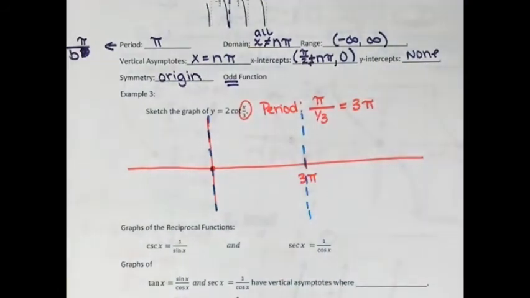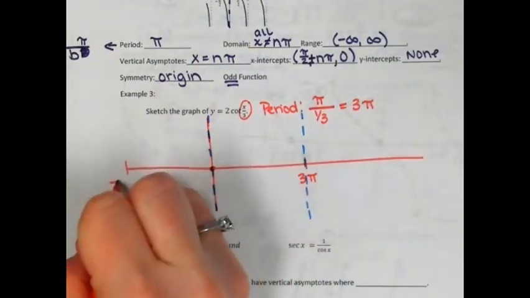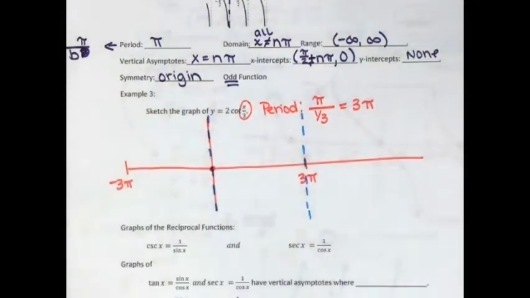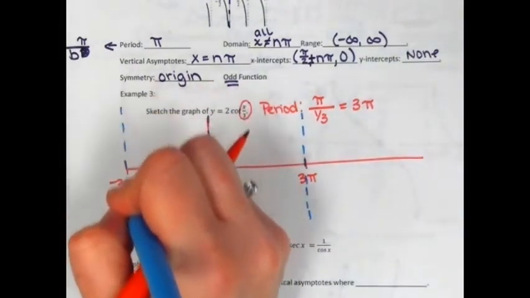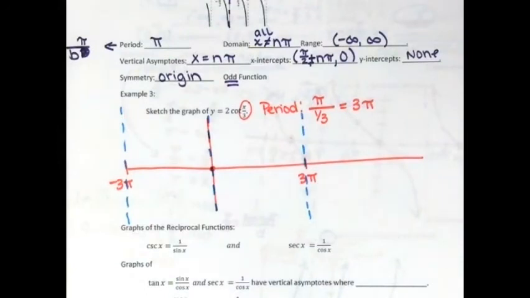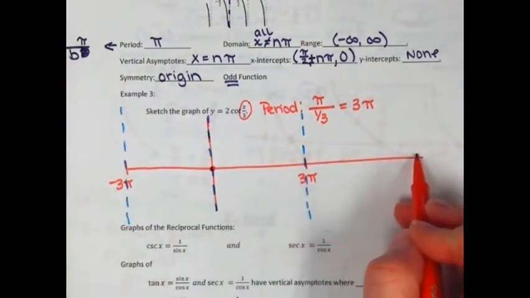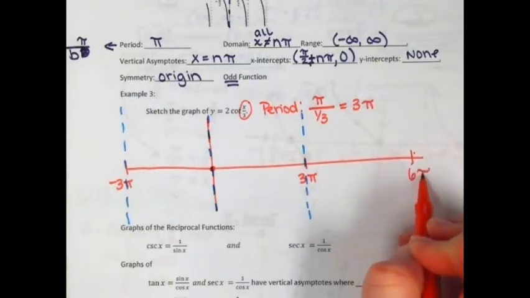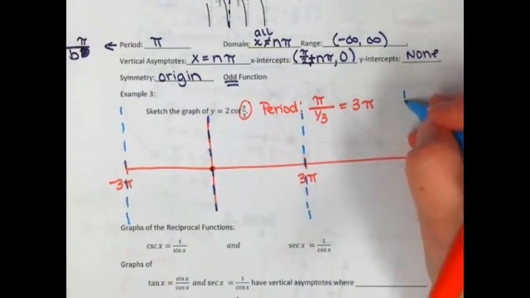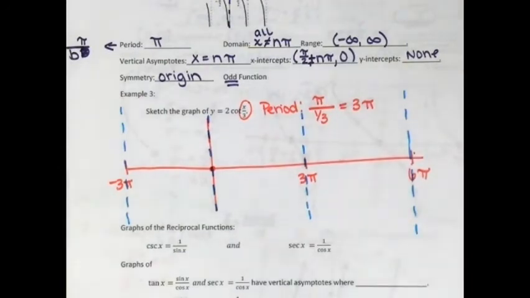Negative 3 pi, yep, another one at negative 3 pi. What would be to the right of 3 pi? 6 pi. Negative 6 pi. What else? 9 pi and negative 9 pi. Okay. Does that help you find your periods now?